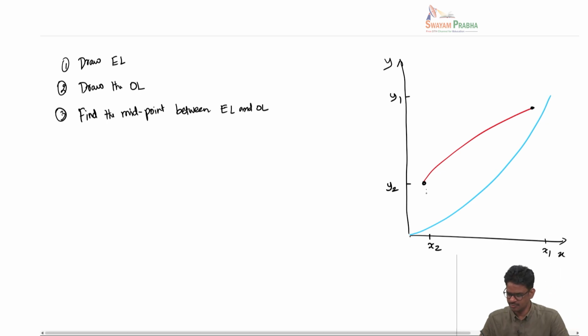Here at this point I measure the total distance between the operating line and the equilibrium line, and I find the midpoint. The midpoint is somewhere here. I go to some other y value, look at this total distance, find the midpoint, and go here and find another midpoint. Like this you can find an infinite number of midpoints.